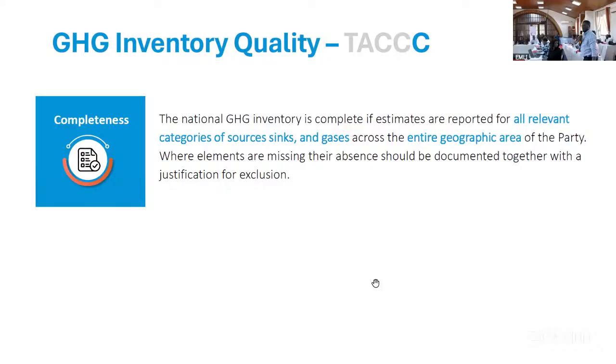Completeness. Basically, you are reporting for all the categories, sources and gases. So, like I told you, energy industries, manufacturing industries, transportation, for example, use of energy, that is also at the level of business entities.